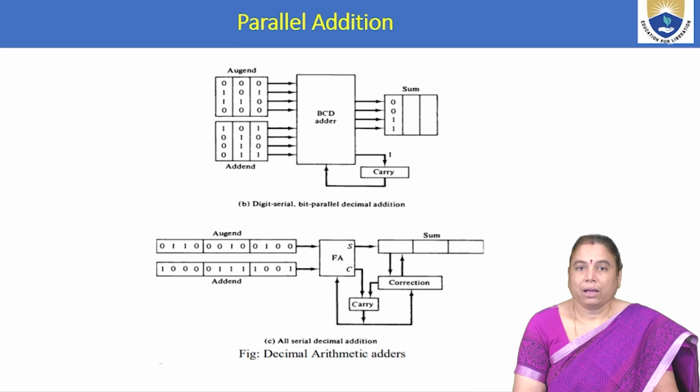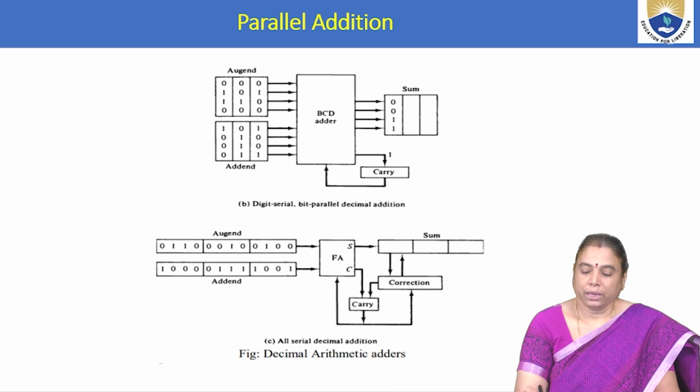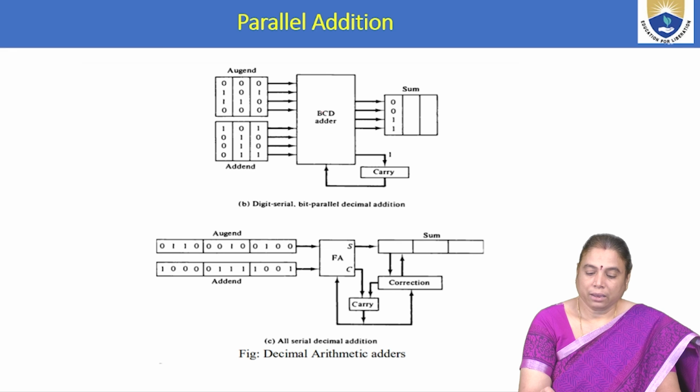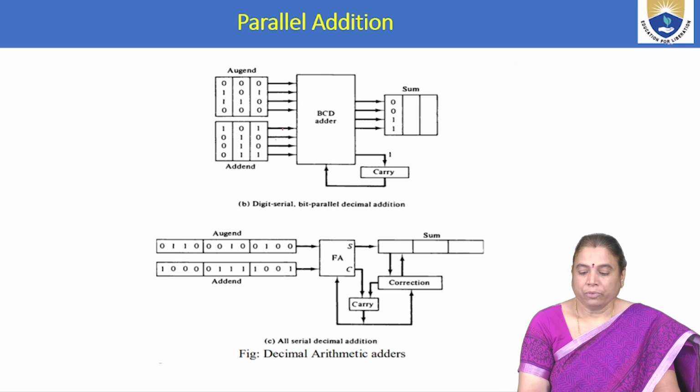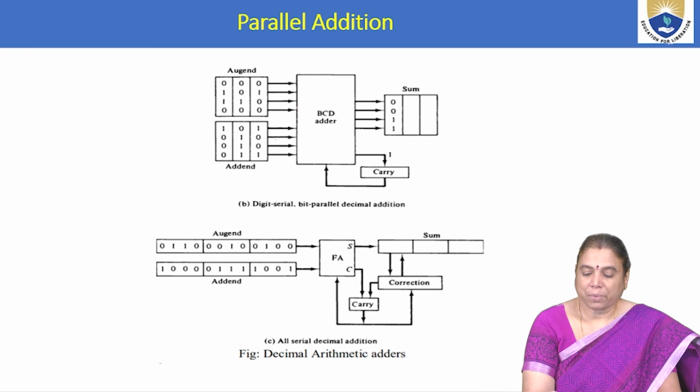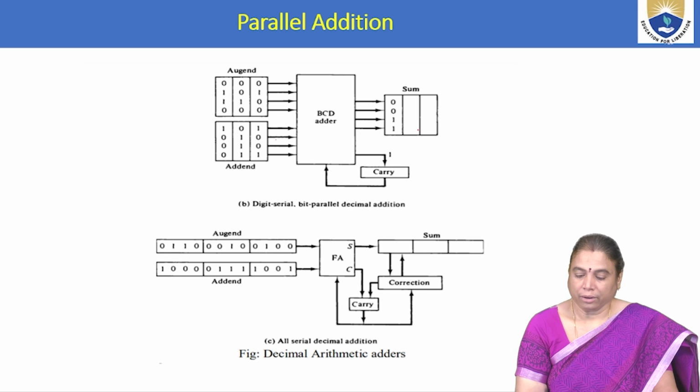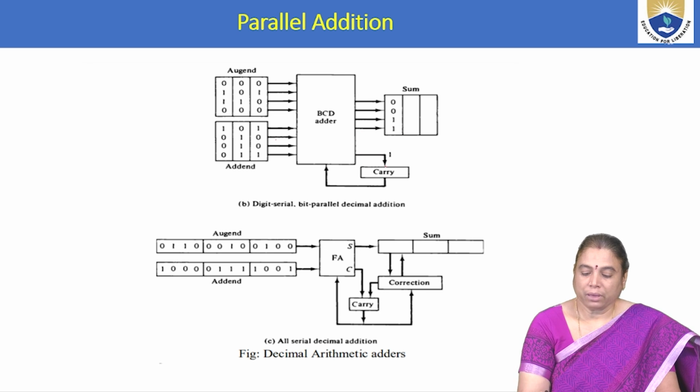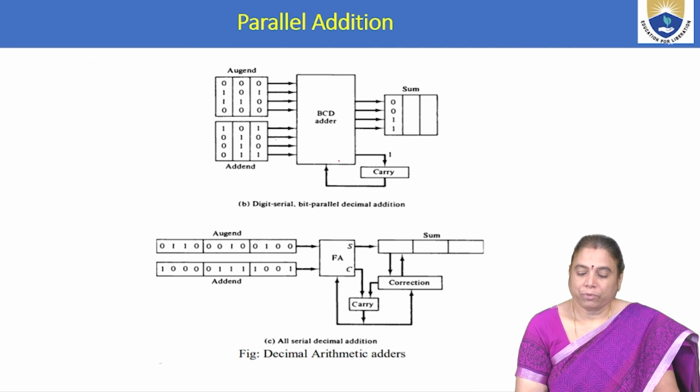Another way of performing this is digit serial, bit parallel decimal addition. Here the augend data and the addend data are given in parallel to the BCD adder, and the sum is stored in a vector. The carry is fed forward to the BCD adder.